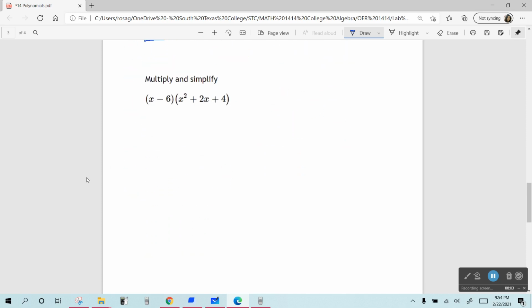Even on this one that you have a 3 term, I can still do it. So like I can do 3 like this. So here I'm going to put the x and the negative 6, and over here I'm going to put x squared, 2x, and 4. And then I'm going to multiply everything out.